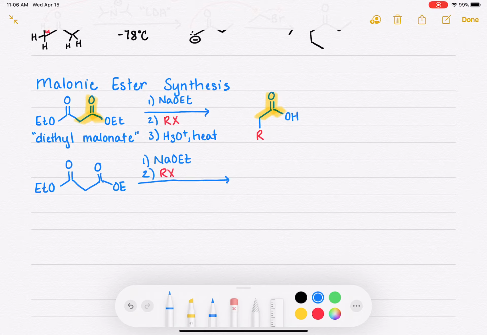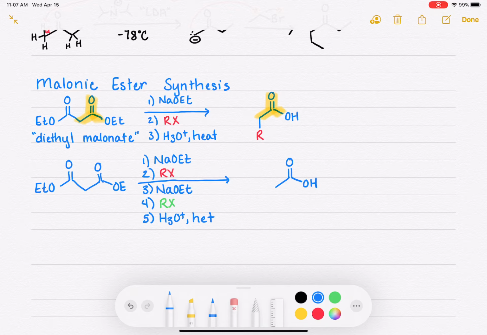Then you repeat sodium ethoxide again. Let's use a different color. Let's do another alkyl halide of your choice. Maybe they're the same, maybe they're different. Then you finish it up with H3O plus and heat. You still make a carboxylic acid.